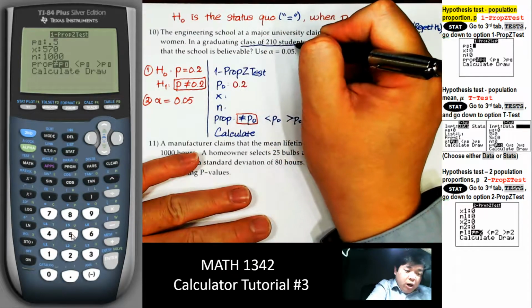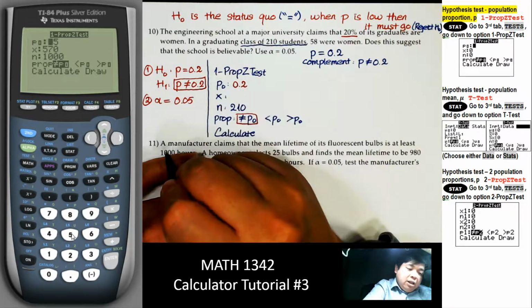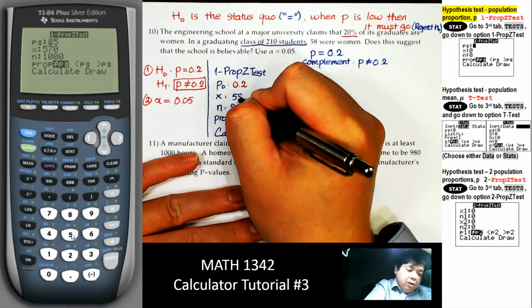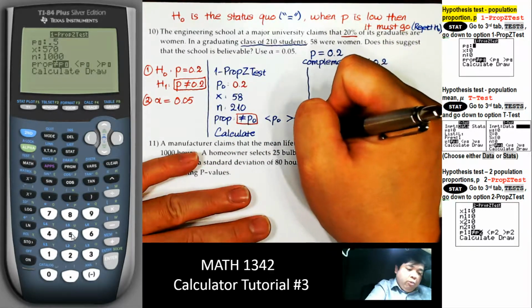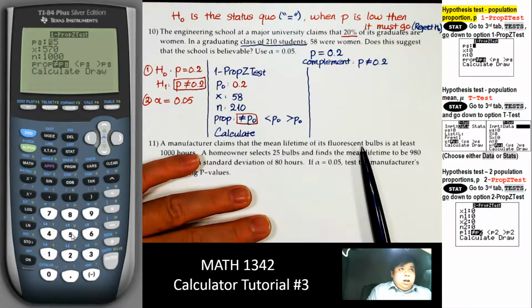The class of 210 students, and we have 58 are women. So we have 0.2, and we have 58 out of 210, and not equal to, so we just calculate, and we just look for the p-value.